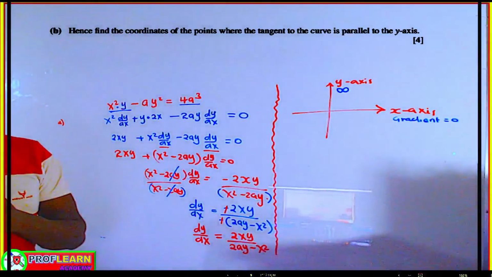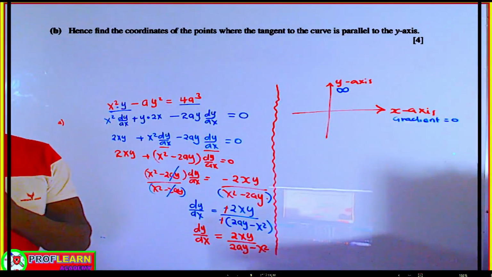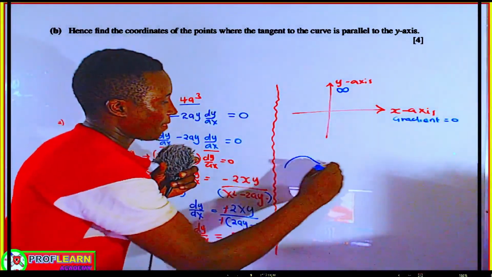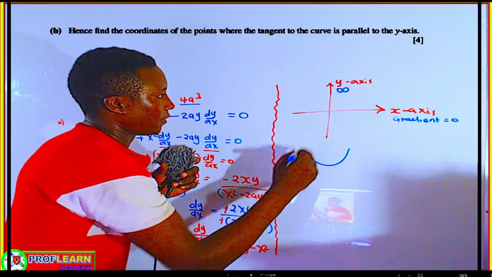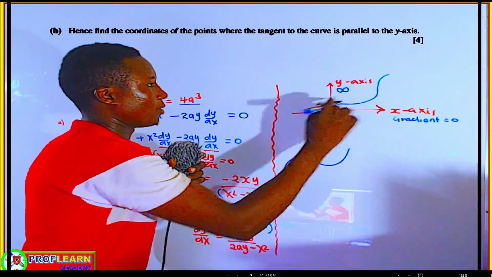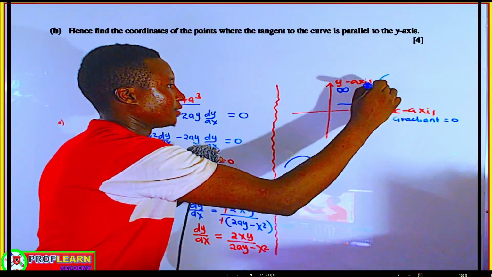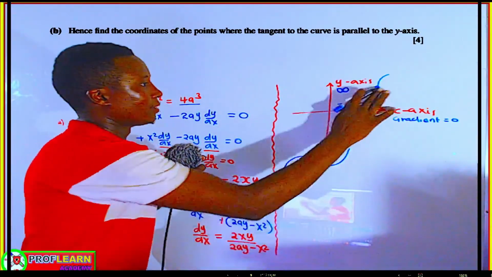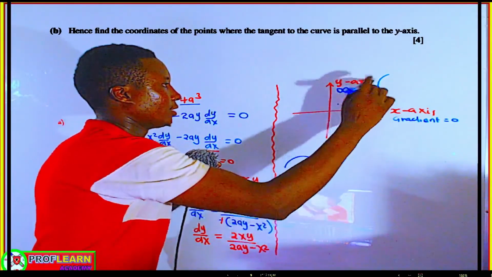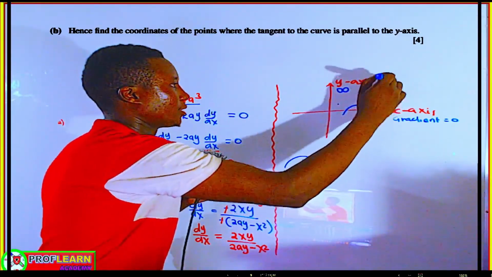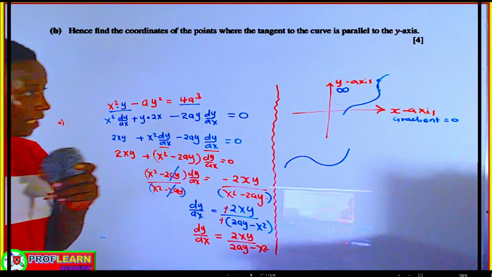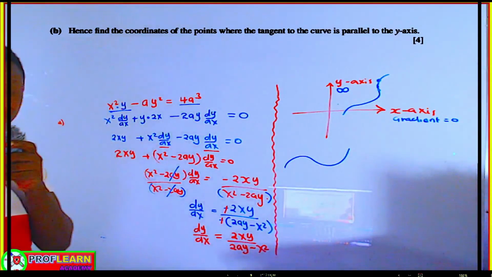we are supposed to find the coordinates for the point where the tangent to the curve is parallel to the y-axis. So suppose this is our curve. Let me just try to illustrate that and say, suppose this is the point that we are looking for, the tangent to that curve is parallel to the y-axis.